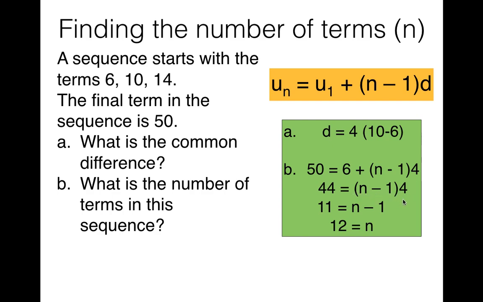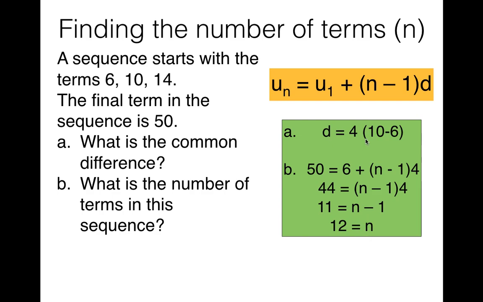So I'm going to divide this side by 4 and divide this side by 4 as well. And I end up with 11 equals n minus 1. Let's get rid of this minus 1 now by adding 1. So 12 equals n. So there are 12 terms in this sequence.